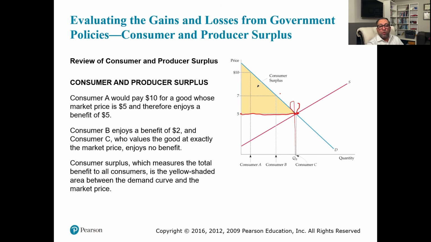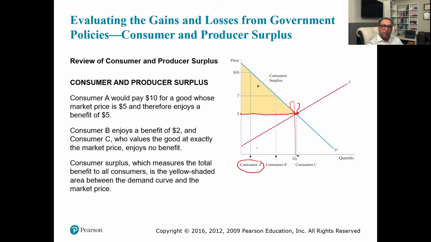We see here consumer A would pay 10 for a good whose market price is 5 and therefore enjoys a benefit of 5. We are just talking about consumer A. Consumer A's willingness to pay is $10, but he is actually paying $5 because the market price is 5.